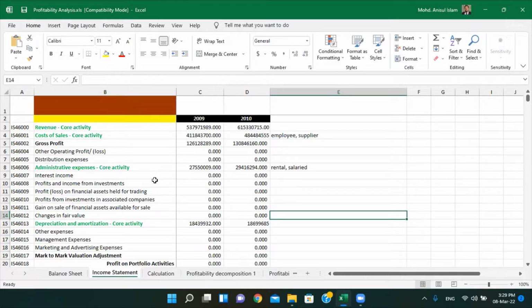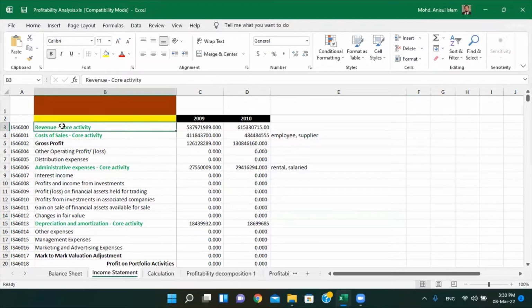In addition to this, we also make an allocation of taxes. However, the operating section is further allocated into two subgroups. You can recall the operating income from sales and other operating income. Here you see the revenue.